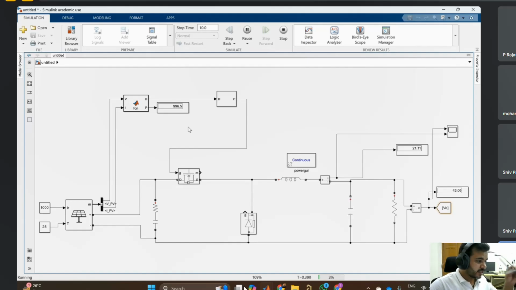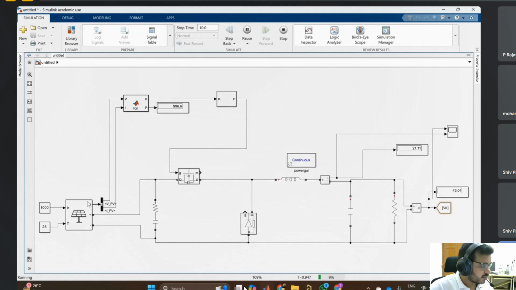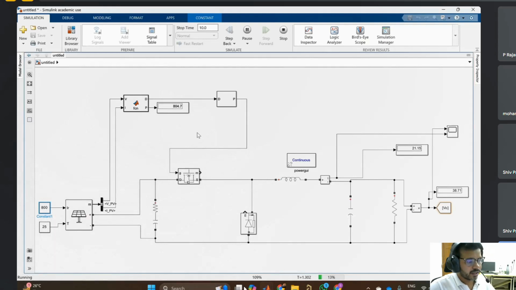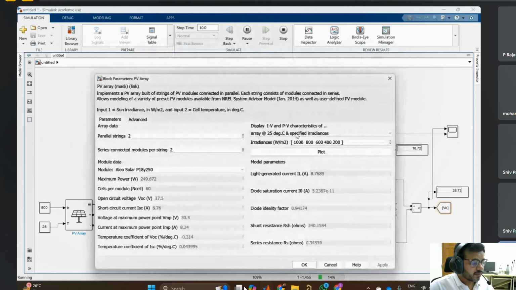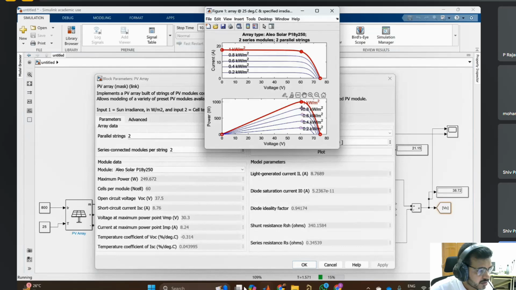Power is 996, approximately 1000 watt. Same thing you can see here, it will be 998 watt. Suppose I give here 800, then it will track 800 watt, because at 800 the maximum power is 805 watt.